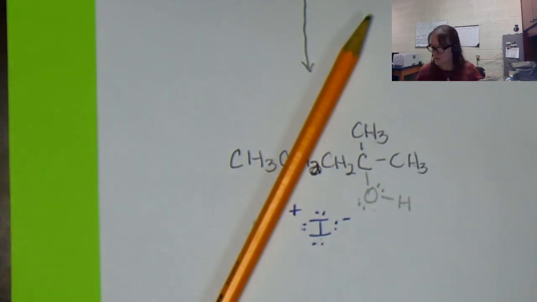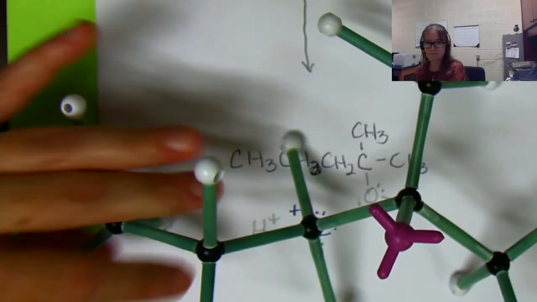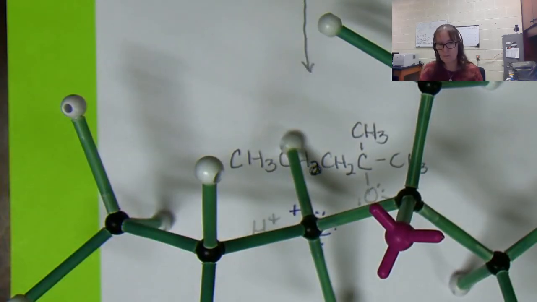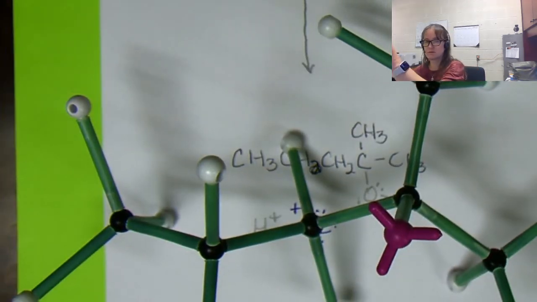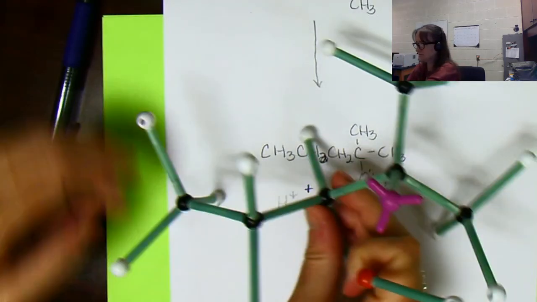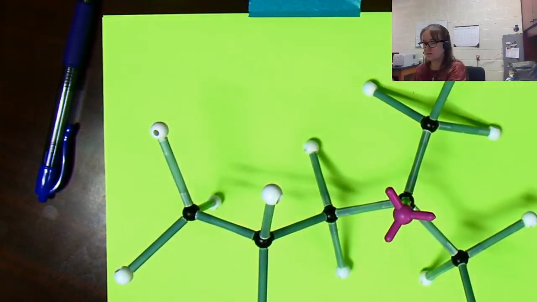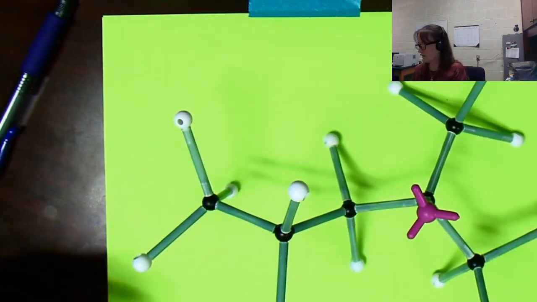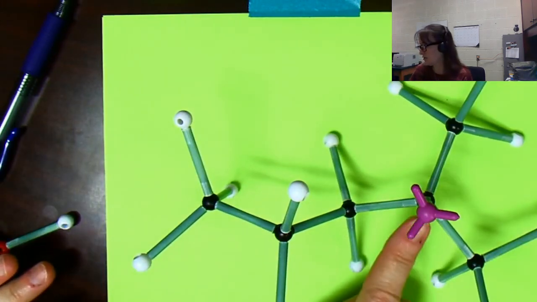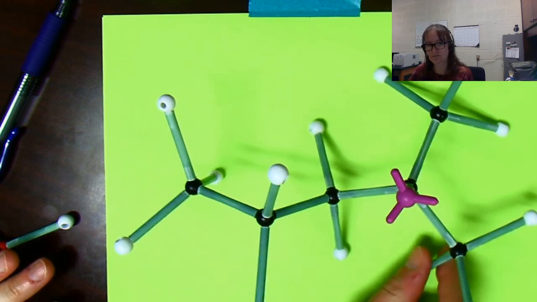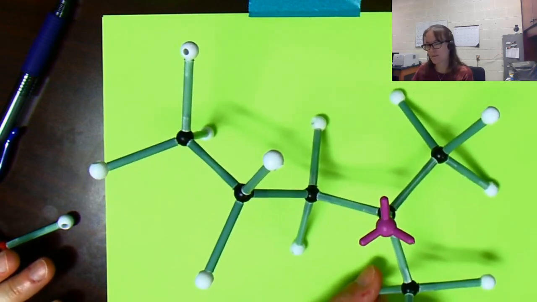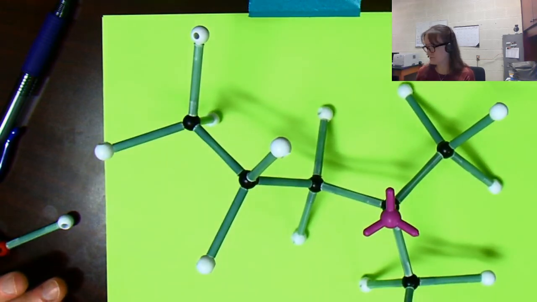To show you what this looks like with a model, here we have the 2-iodo 2-methylpentane.